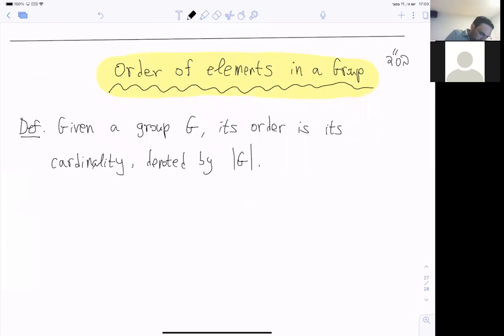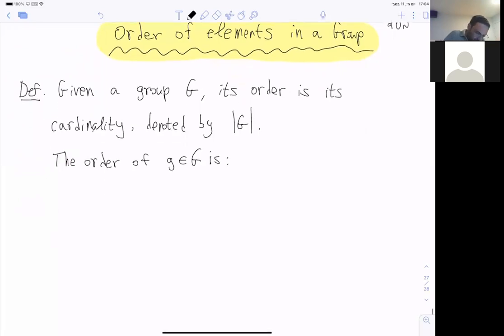Okay, given an element, or let's write it, the order of g inside G, we write it O of g. This is the order of g.